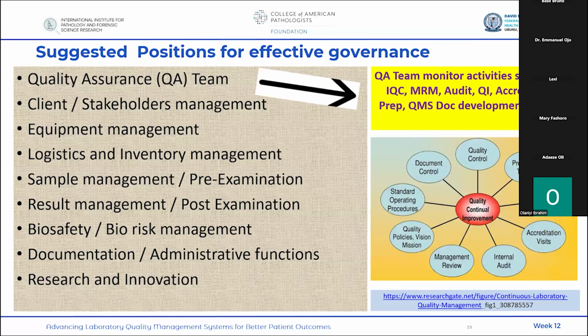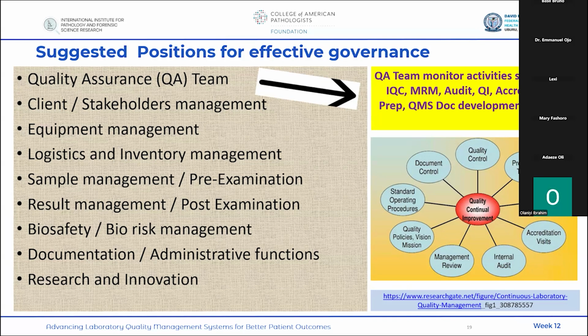So I talked about there having to be positions in the lab that will help the leadership of the lab, the lab director in this case, to achieve effective implementation of the quality management system and ensure reliable test results. So these are some recommended positions for effective governance.